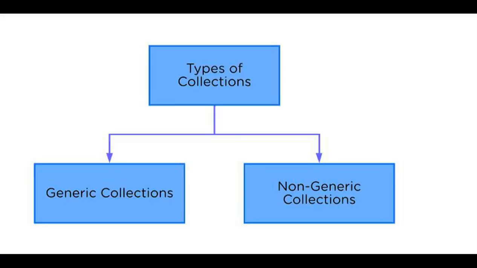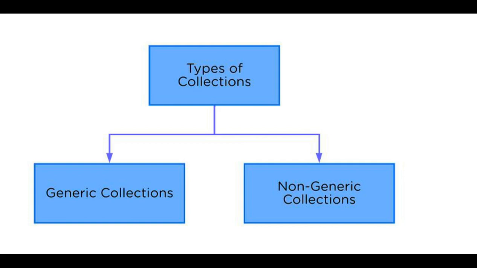So as mentioned, collections fall into two categories, generic collections and non-generic collections. A generic collection is a strongly typed collection, whereas a non-generic collection is not strongly typed at all. The generic collections store elements internally in arrays of the actual types. So a type is a string or an integer or a boolean. Non-generic collections store elements internally as objects.